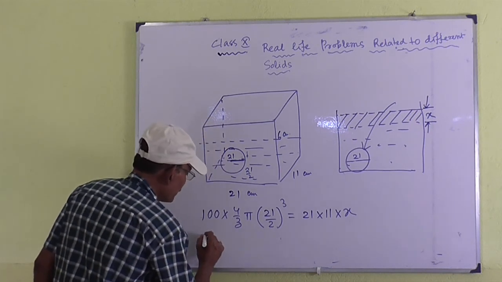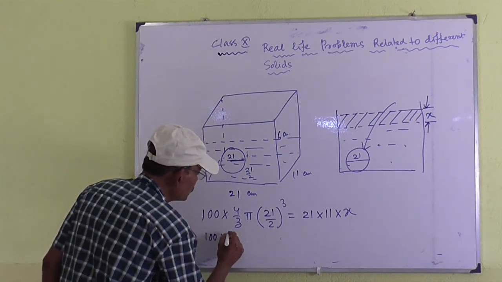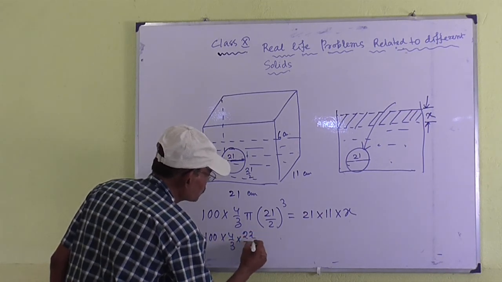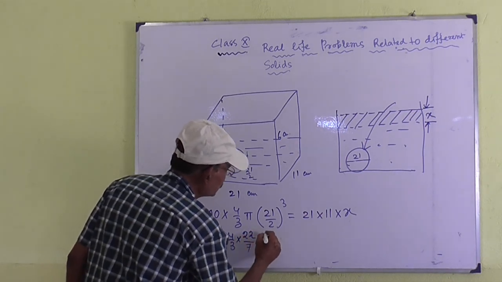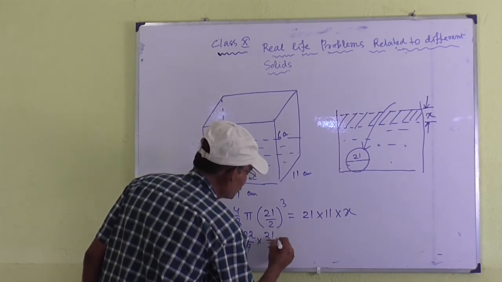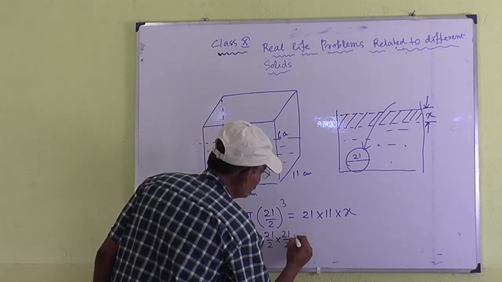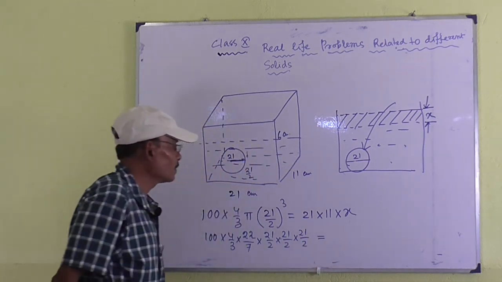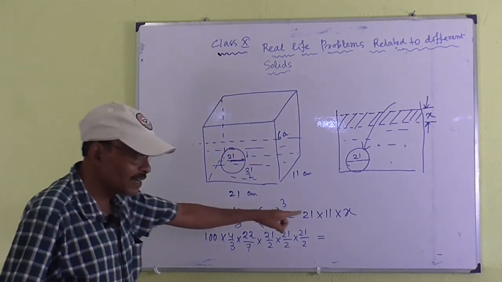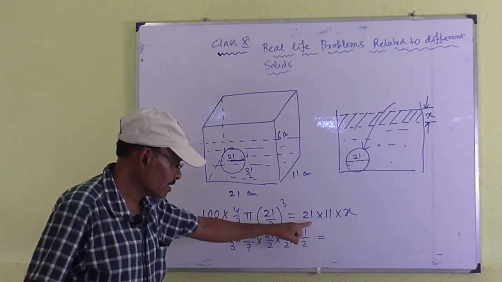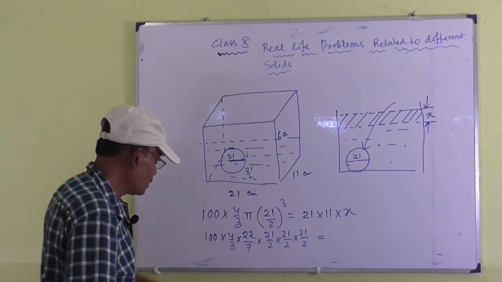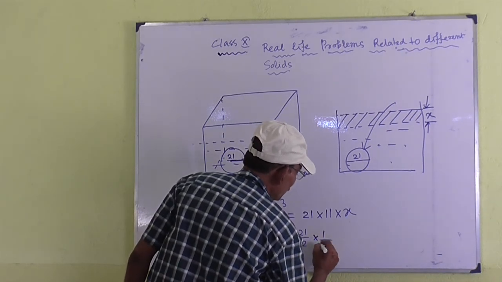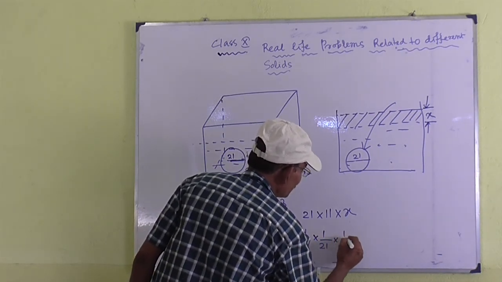So, 100 into 4 by 3 into pi, which is 22 by 7, into 21 by 2 into 21 by 2 into 21 by 2 equals x into 21 into 11. From the right hand side we take 21 and 11 to the denominator, 1 by 21 and 1 by 11.